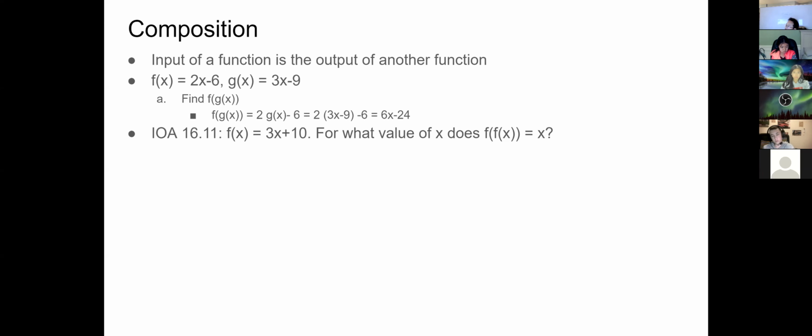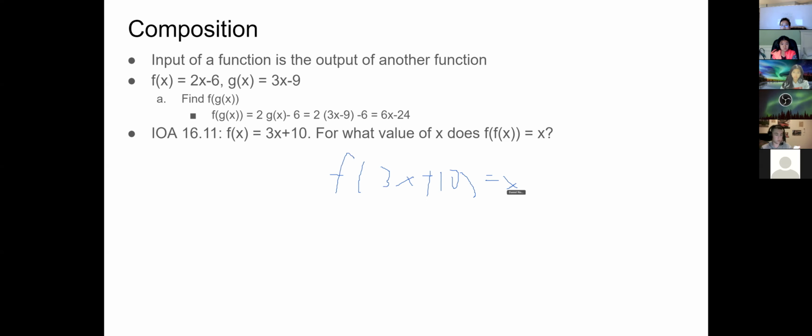Okay. Daniel, since you are the first one who got it right, do you want to? No, I'll just, yeah, I can do it. f of f(x) is f of 3x plus 10, because you can substitute this f(x) into the inside, and that should be equal to x.